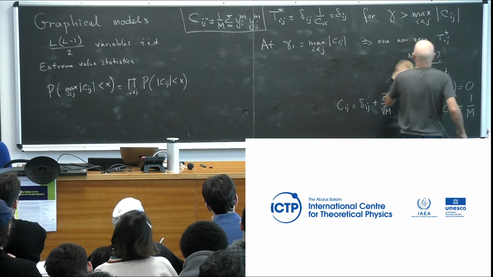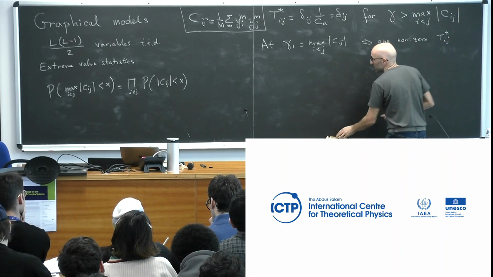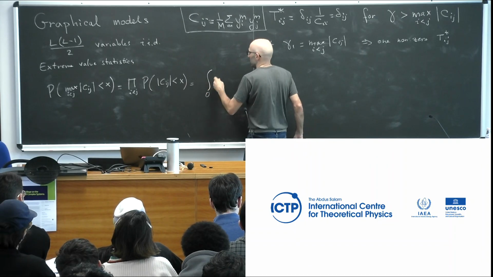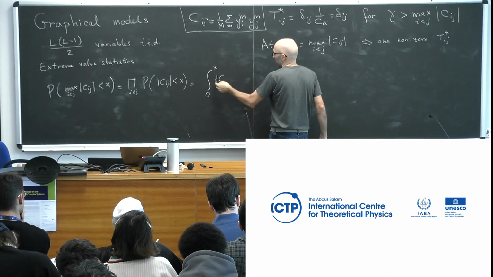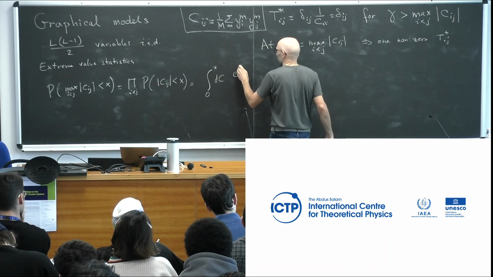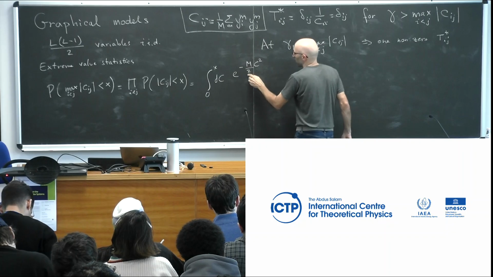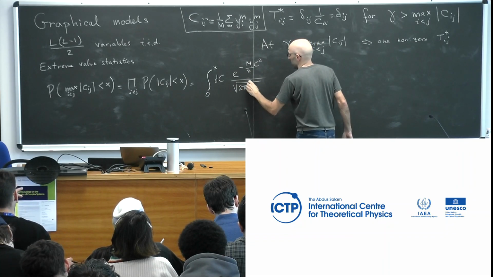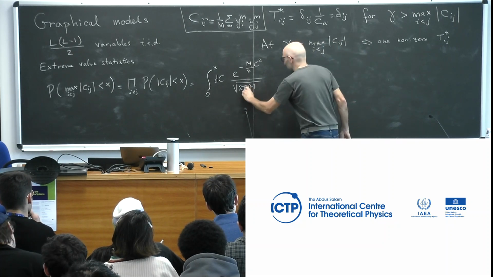between 0 and x over dc of the Gaussian density. I need a Gaussian of zero mean and variance 1 over m, which is this, with 2 pi over m.